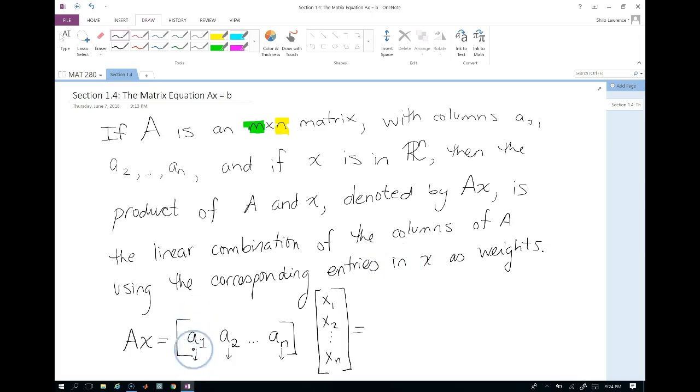Each column in A matches up with an entry in x. So this gives us the linear combination A1 x1 plus A2 x2 all the way out to An xn.